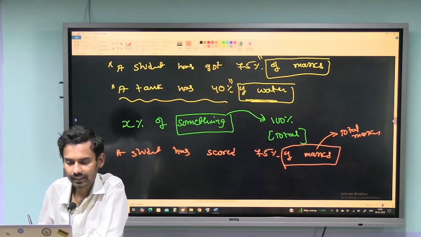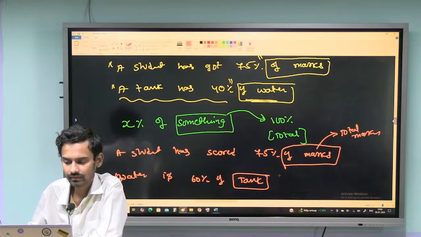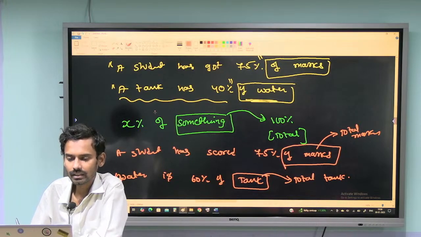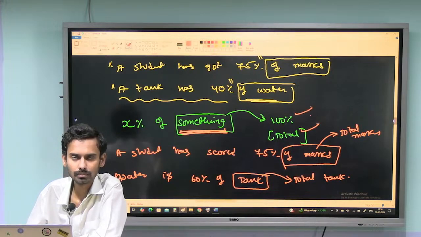Similarly, if I say water is 60% of tank, by default this "of tank" will be the total tank. That is to say, whatever I write in place of this something should be treated as total, which is nothing but 100% according to percentage.